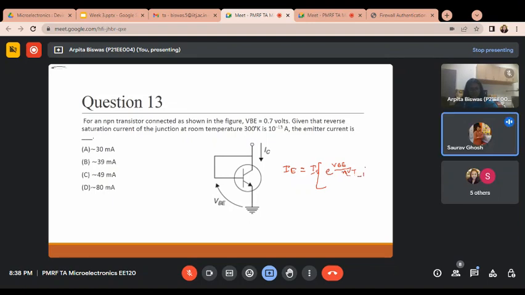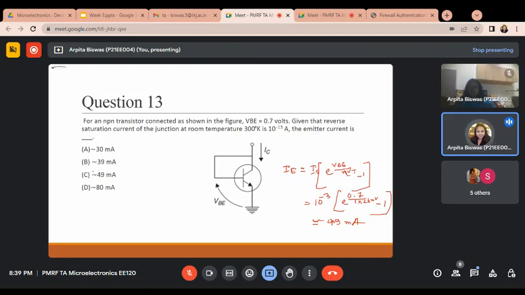Eta will be 1 in this case. Into 10 to the power minus 13, and VBE is 0.7 by 1 into 26 millivolt. So you will get nearly 49 milliamps.